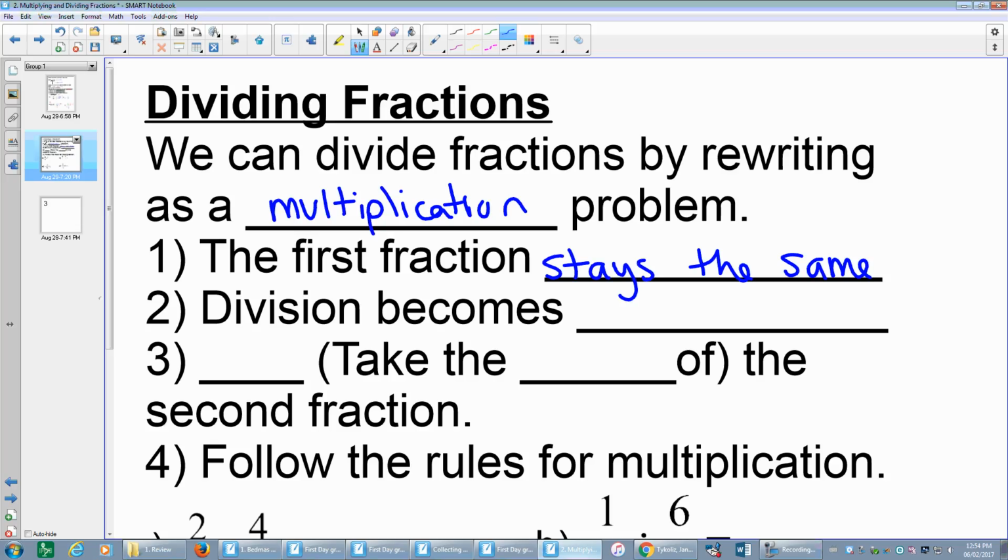The division becomes multiplication. Okay, so first fraction stays the same. I leave that alone. Step 2, division becomes multiplication. Step 3, I'm going to flip. So that's the non-math word that I'm going to use, which actually means take the reciprocal.